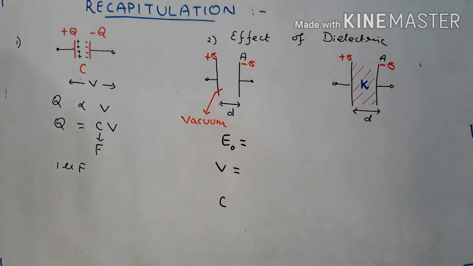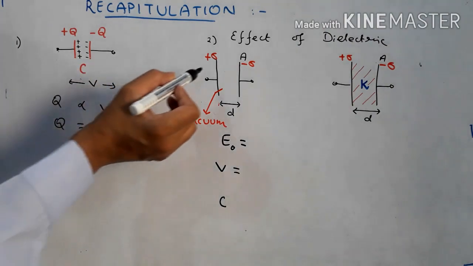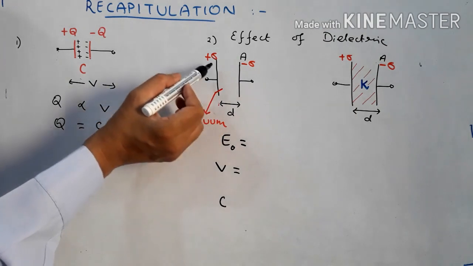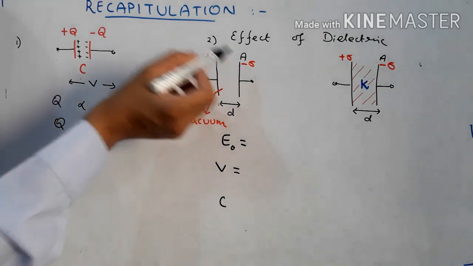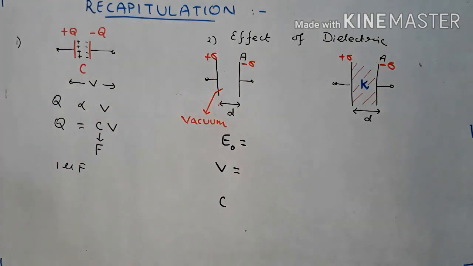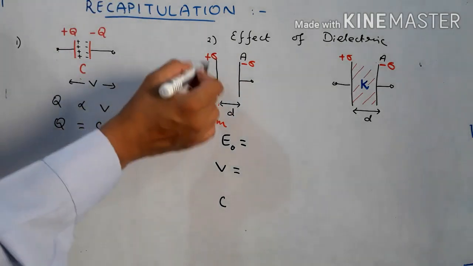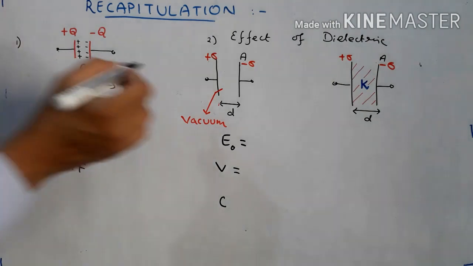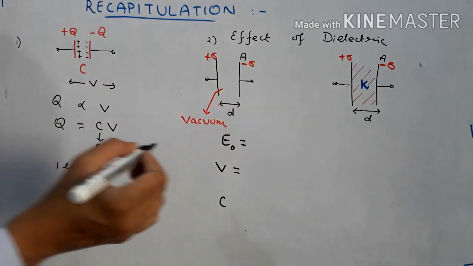Next, we discussed how to calculate the capacitance of a parallel plate capacitor. Suppose each plate has surface charge density plus sigma and minus sigma, A is the area of the plate, and in between the plates there is vacuum. We can approximate it to air also.